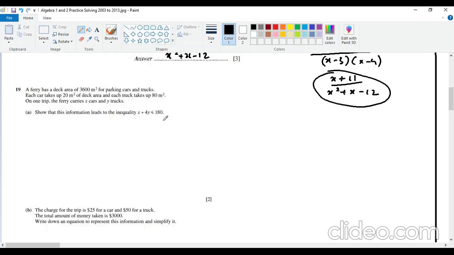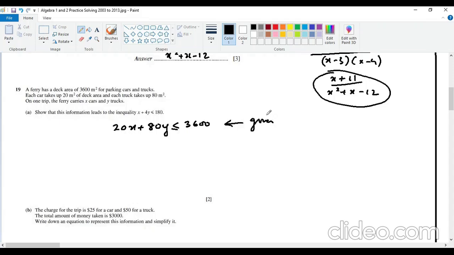So what we do is, we know very well that it's already given here that 20x plus 80y is less than or equal to 3600. This is given in the question itself. So I'm marking it here.